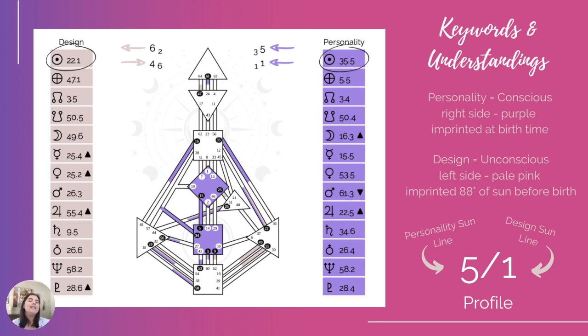So the sun has the biggest impact on your personality and your design, your conscious imprinting and your unconscious imprinting. It has the most impact. And this is because 70% of the neutrinos that are passing through us every day first pass through the sun, and that's because the sun is the largest object in our immediate vicinity.